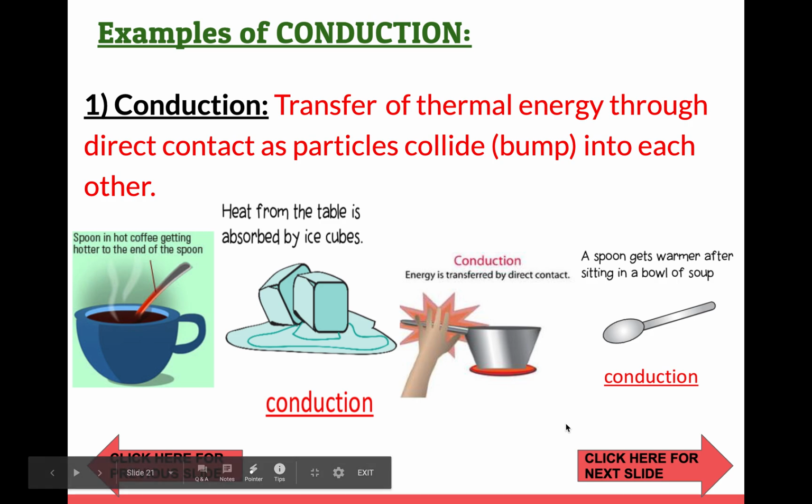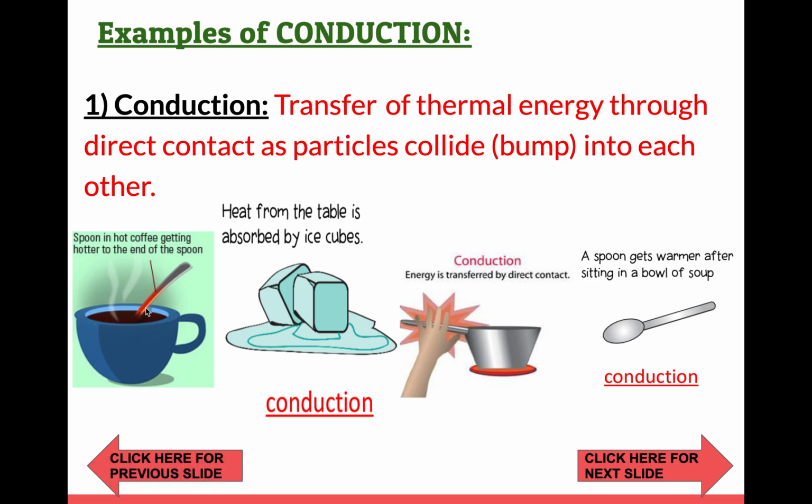Now, here are some examples of conduction. When your spoon is inside of a cup of hot coffee, the particles in the spoon are touching the particles in the hot coffee. So that's how all of the particles in the spoon are going to start to get more thermal energy because of conduction.